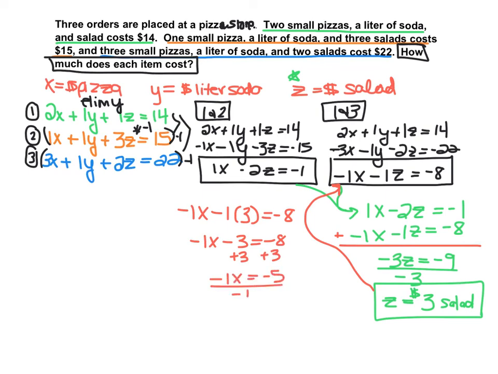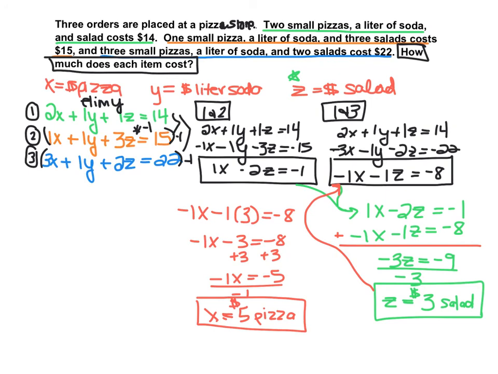Divide by negative 1, and I find x is equal to 5, which again, remember I need to think about in the context of the problem. And so x is equal to $5 for that small pizza. So I've now found two of my costs. I know that a pizza costs $5 and that a salad costs $3.